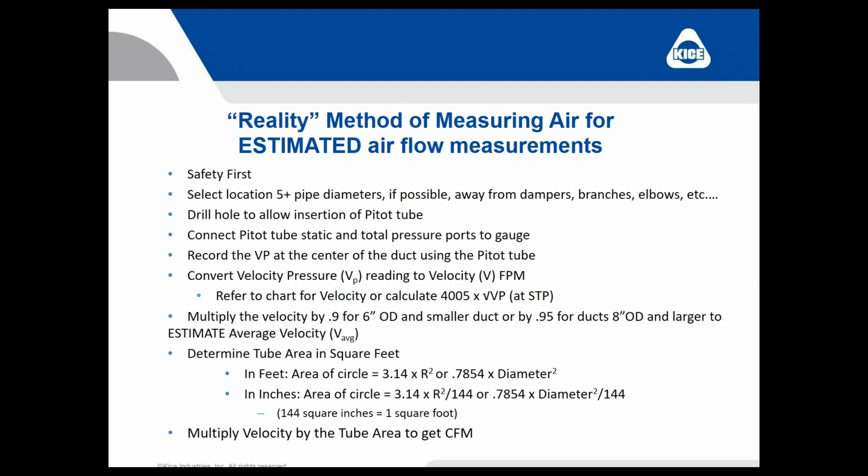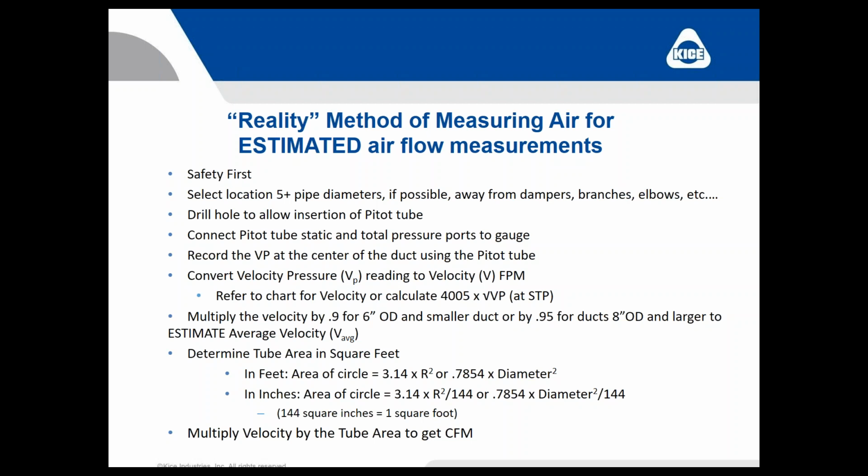Reality method for estimated airflow measurements. Again, safety first. I give them my 5 pipe diameters again. You drill a hole. You connect both tubes to both ports on the pitot tube, both the total pressure port and the static pressure port.